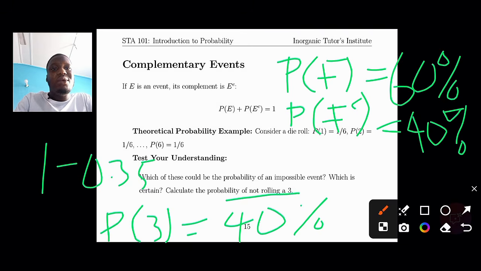That's how simple complementary events are. So always correctly determine the complement of the original event. If you're able to do that, then you can calculate 1 minus the original event to get the complement. We will use this a lot, so make sure you understand it clearly.